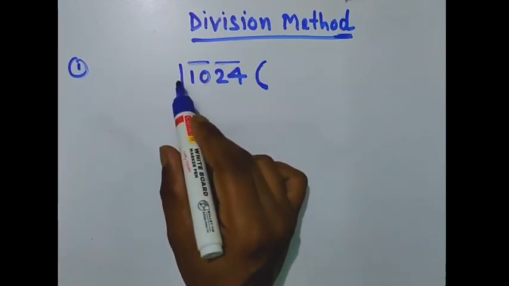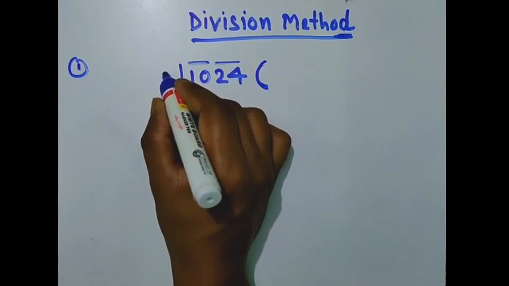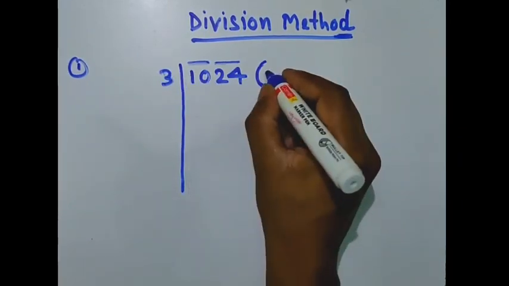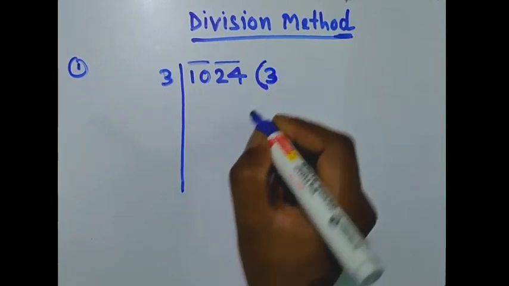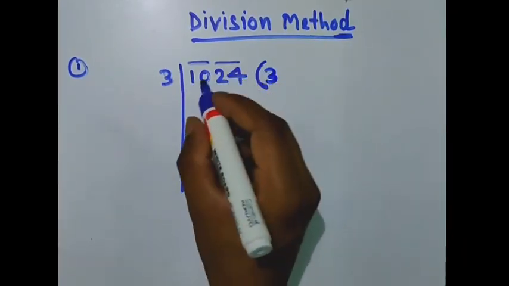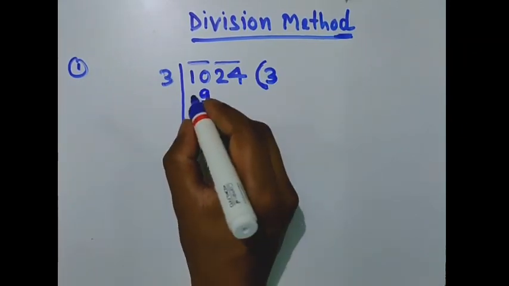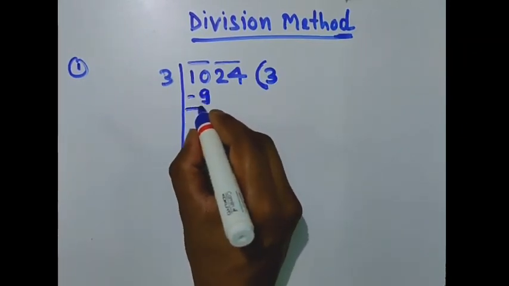So we'll take 3 squared, 3 times 3, which gives us 9, and we'll subtract it.